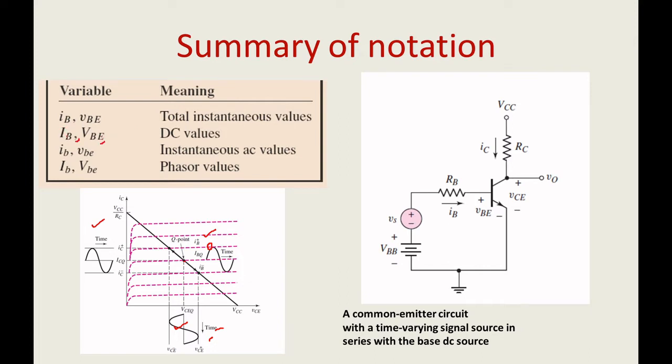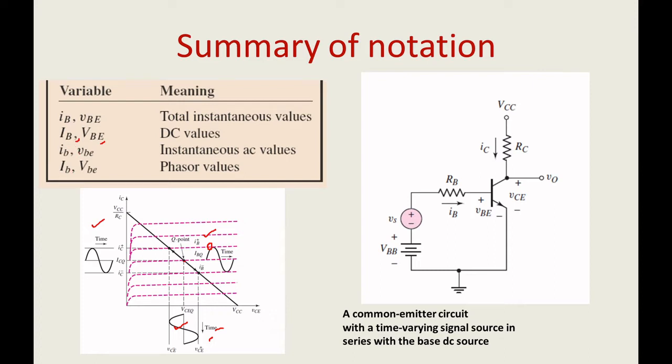See the capital I with the subscript capital B, and capital V with the subscript BE. When we are using the AC analysis, that is the instantaneous AC value, the signal changing with respect to time, we use small i, small b, small v, small b for all parameters. All parameters means ic, ib, vbe and vc.